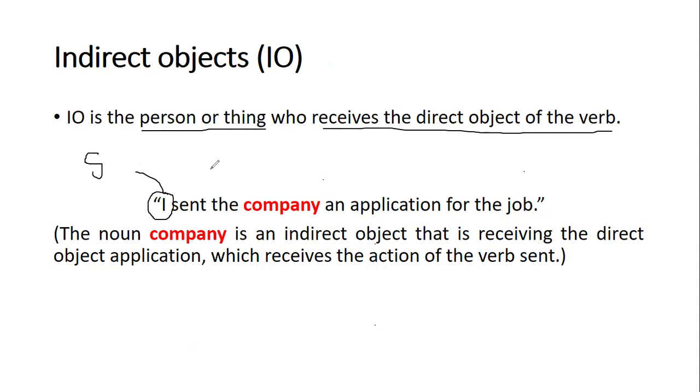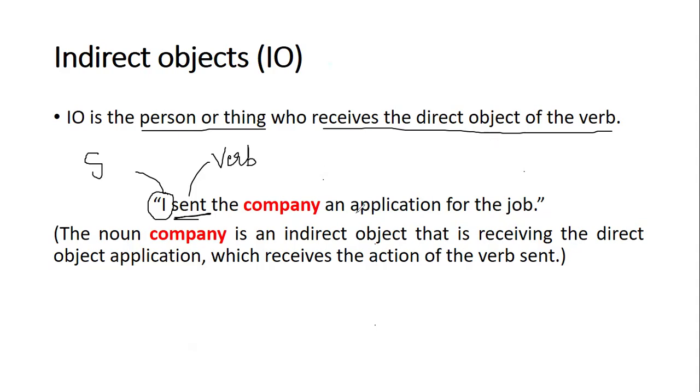Sent the company an application for the job. What am I doing? I'm sending. Sent is a verb, right? What action am I doing? I'm sending. So sent is in the past tense. Sent is the verb.